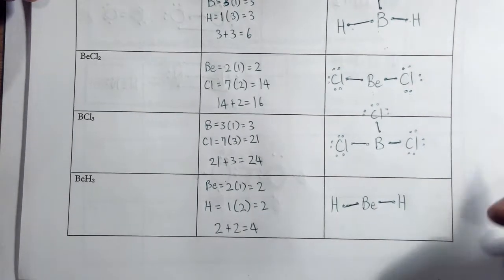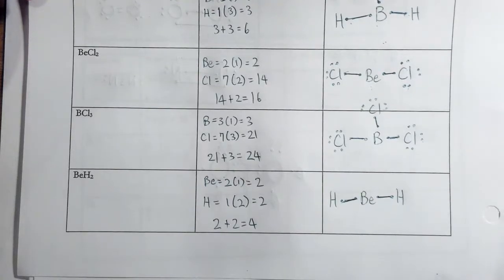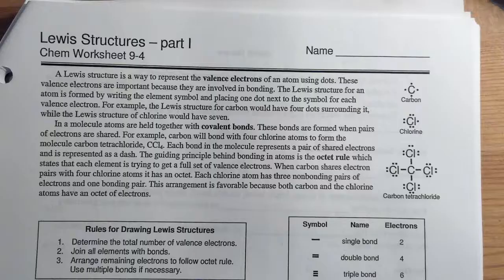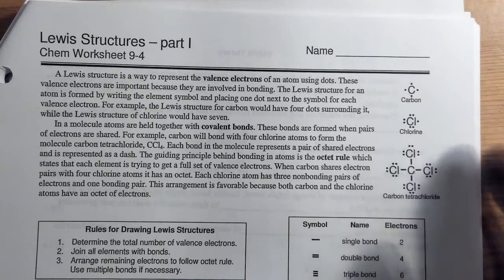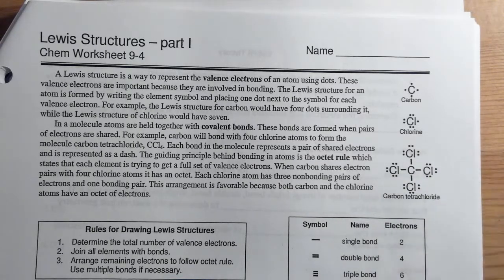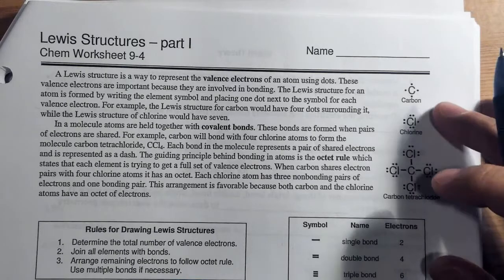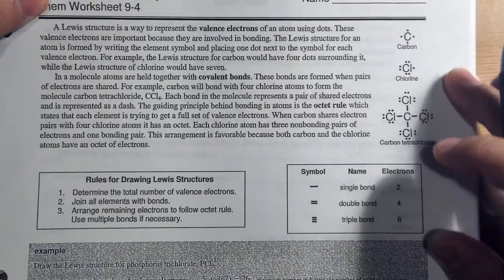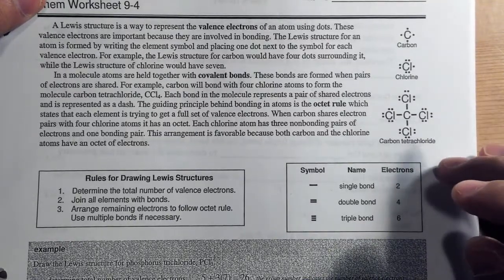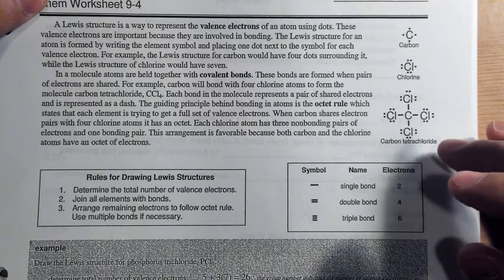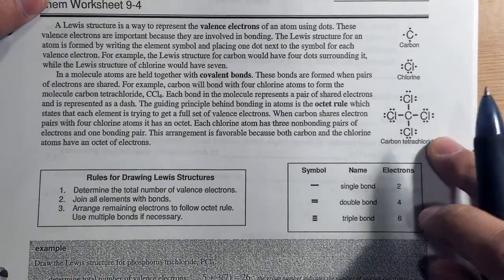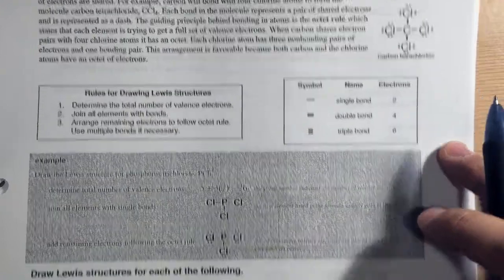Now we are going to have some practice problems, and I will help you guys solve them together. Alright guys, now that we have learned all the Lewis dot structures step-by-step process, the terms that we need to know, and how to solve them, what we're going to do is the Lewis dot structure, or Lewis structure part 1, the practice problems. All the notes that are written here are in your previous notes or previous pages that we just went over a few minutes ago, so I'm going to ignore these.